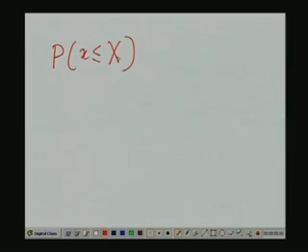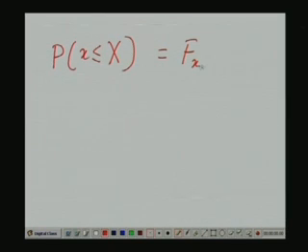What is this? This stands for the probability of the random variable x taking values less than or equal to some given number capital X. Actually, x less than or equal to capital X denotes an event. That is, it is the set of all those outcomes for which the random variable takes values less than or equal to some pre-specified value capital X. In fact, this is what we call, as we recall, F x of X, the probability distribution of the random variable x.